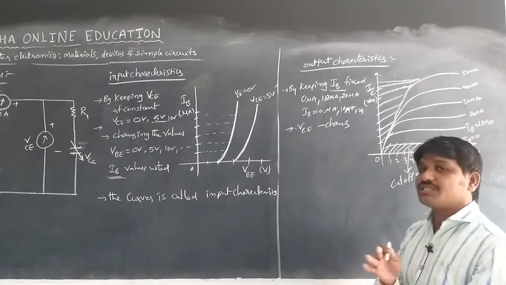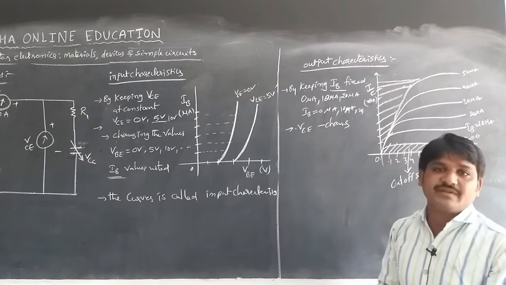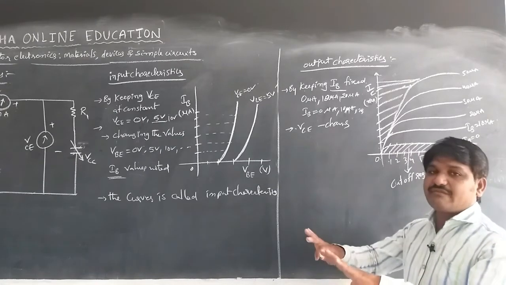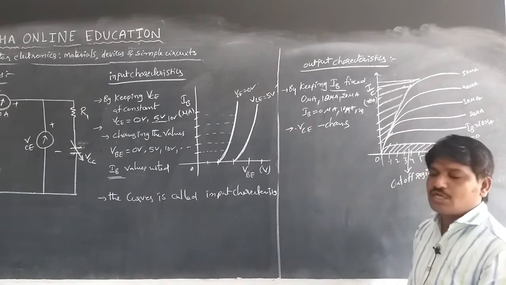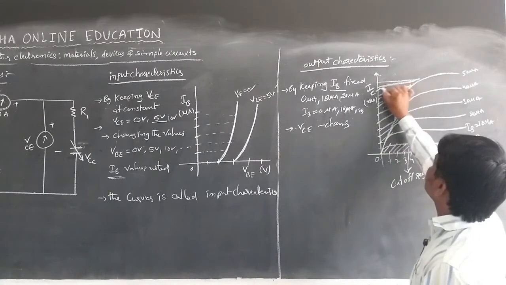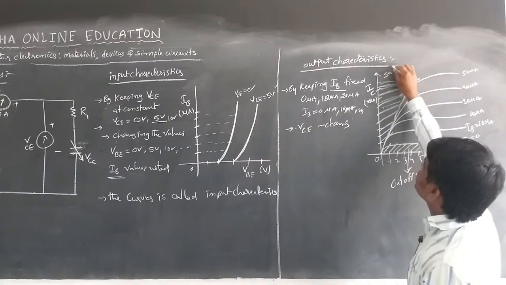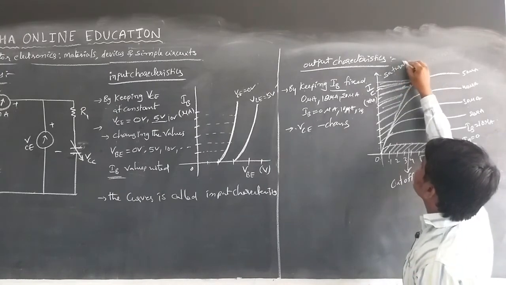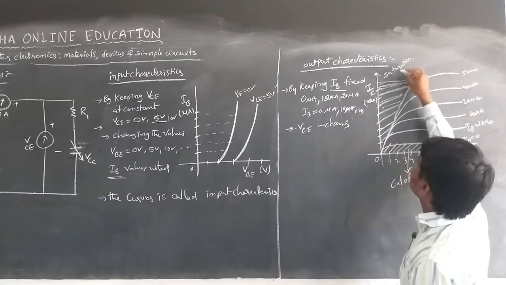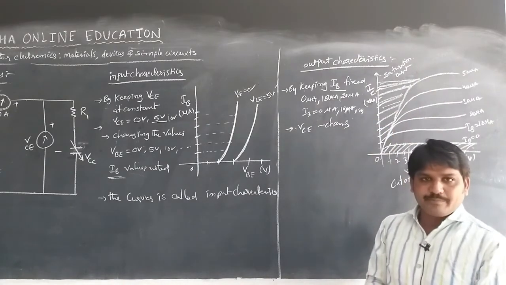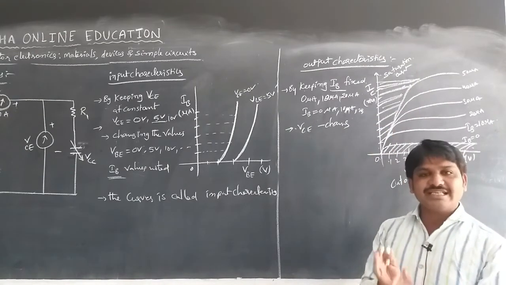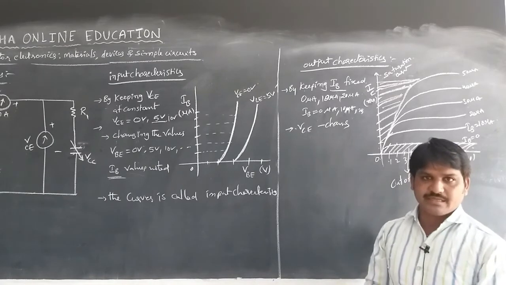Even if the base current changes, there is no change in the collector current, so the collector current is independent of the base current.